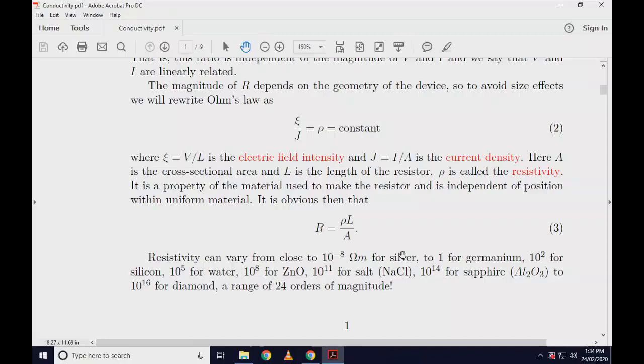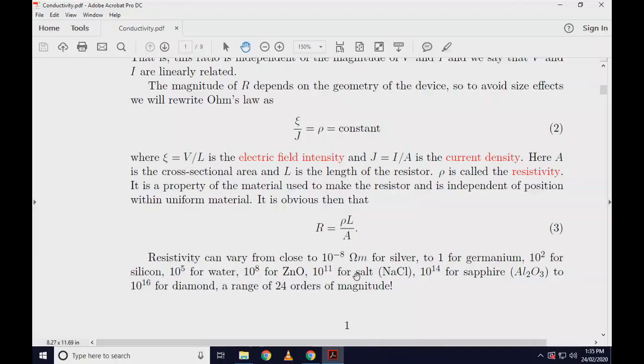If we go to germanium, which was an early semiconductor, the resistivity is 1 ohm meter. If we go to silicon, it's 100 ohm meters. And if we go to water, it's 10,000 ohm meters. It's pure water. If we go to zinc oxide, which is really an insulator, it's 10 to the 8.